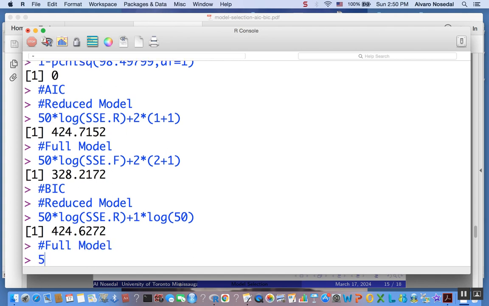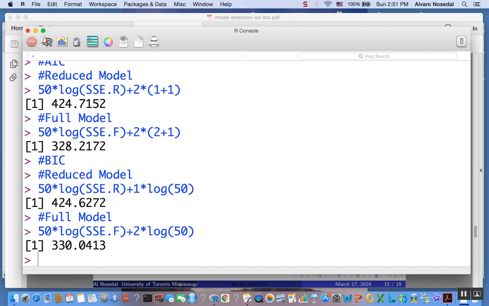Let's do the same for your full model. So in that case, it's going to be 50 times natural log of sum of squares error for the full model plus, in this case, p, the number of parameters, is 2, times natural log of n, your sample size, 50 in this case. So that's 330.04.